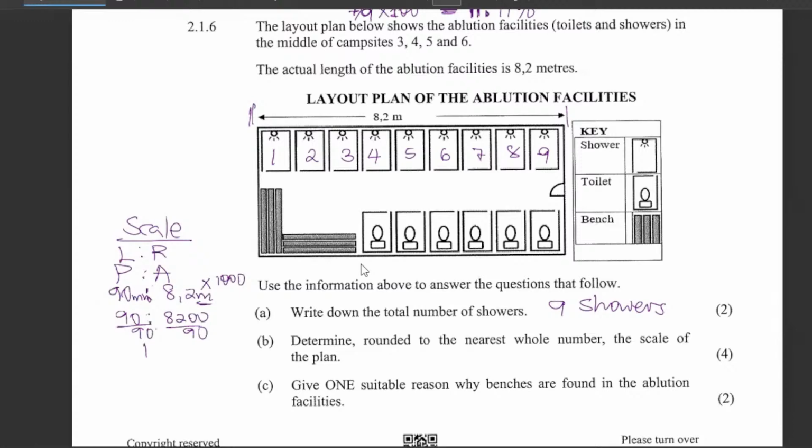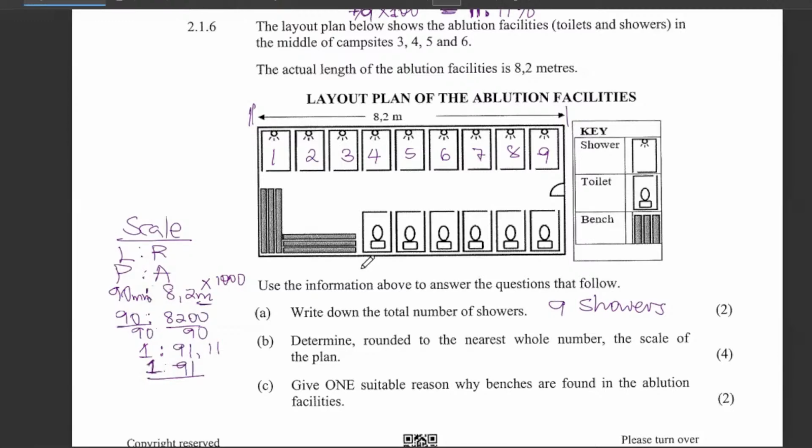So here I remain with 1 is to 91.1. Remember, they told me to round off to the nearest whole number, which becomes 1 is to 91. Leave it like that.